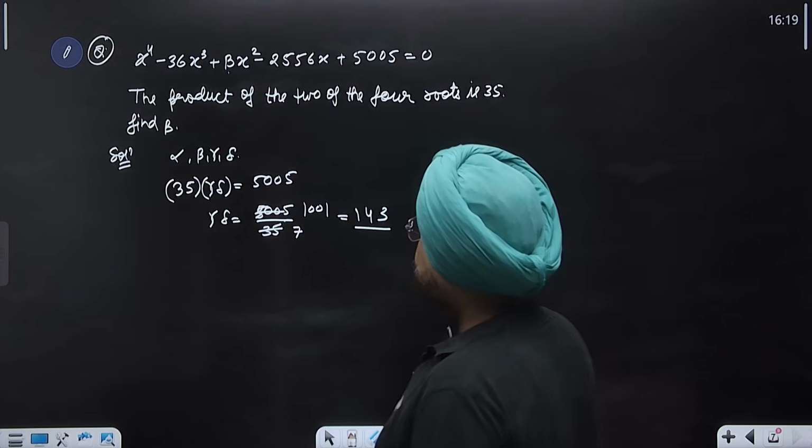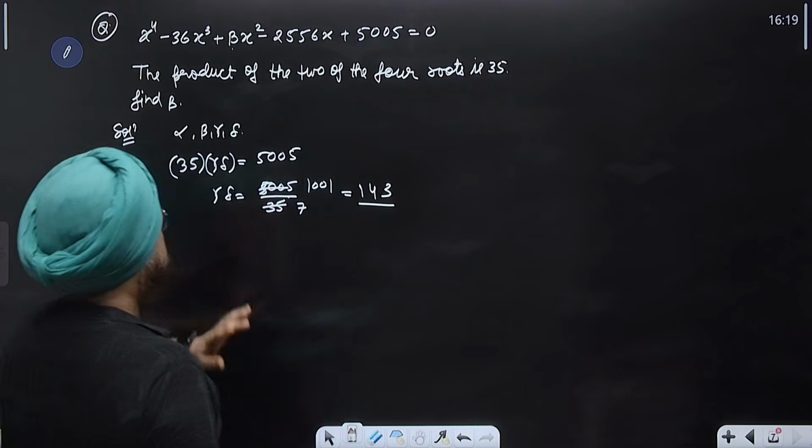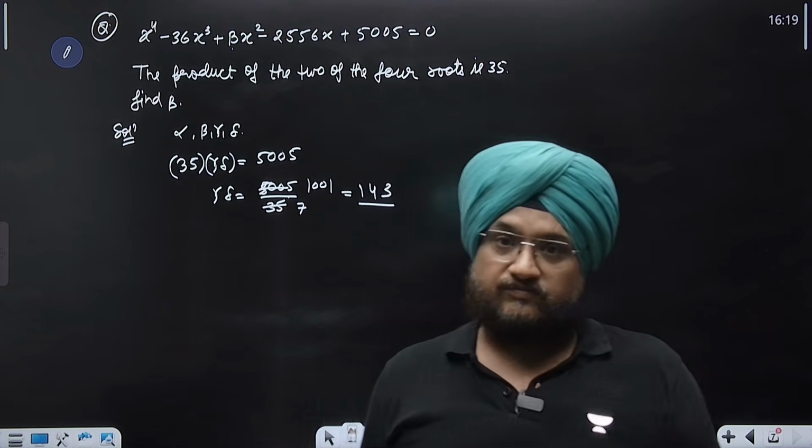Now see, the product of two of the roots is 35 and the product of two of the roots is 143.